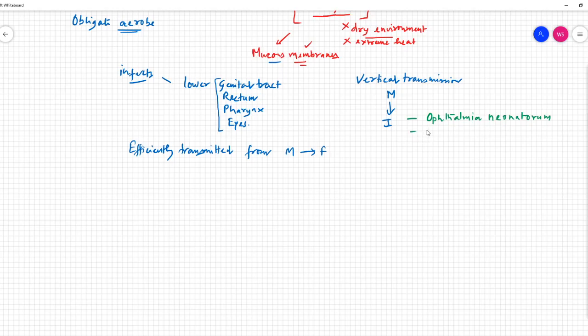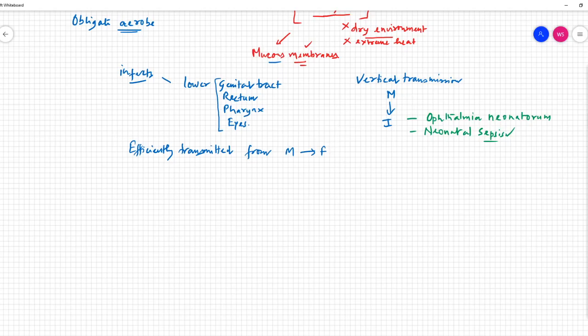The infant may also be born with neonatal sepsis. So what is sepsis? The thriving of the organisms in the blood. That is called sepsis. So this is a problem. Vertical transmission also happens.